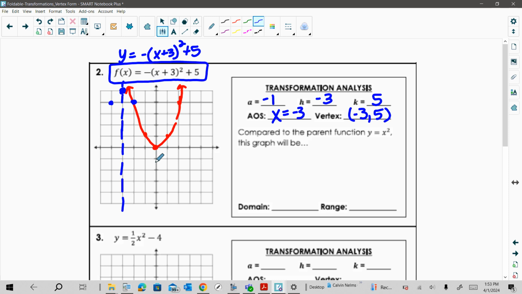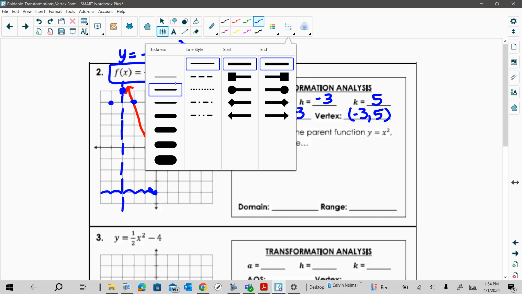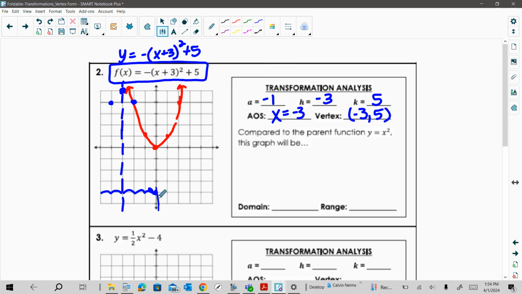So at 0, it is at negative 4. 1, 2, 3, 4. And that is 1, 2, 3 units this way. So if I go 1, 2, that's actually going to be off the graph. So I kind of get an idea of the shape, and I can sketch that now. It's going to go through that point, hit that point, hit the vertex, and then turn, and then come down like that.